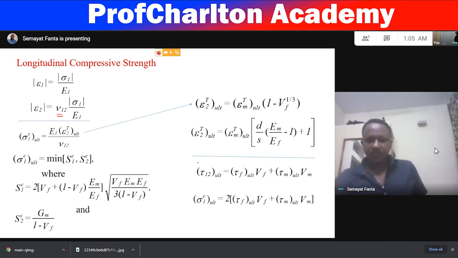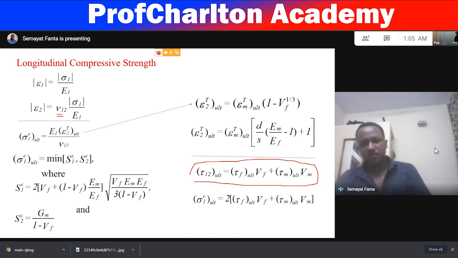Another, these are also the relations for the ultimate shear strain. This is the shear stress in the 1-2 direction, given as the shear strength of fiber times the volume fraction of fiber, plus the shear strength of matrix times the volume fraction of matrix.